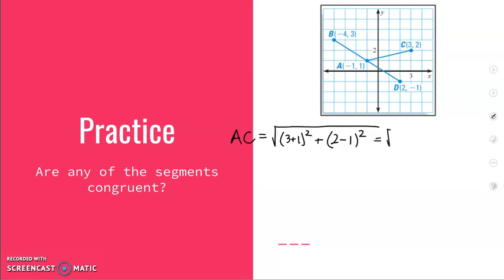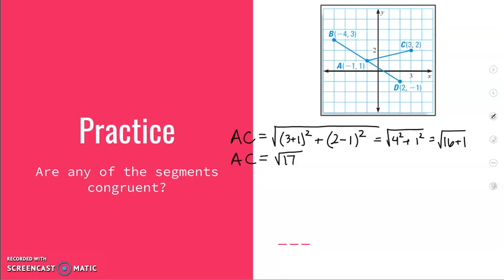If we simplify, we should get 4 squared plus 1 squared, which is 16 plus 1. Therefore, we can conclude that the length of AC is equal to the square root of 17.